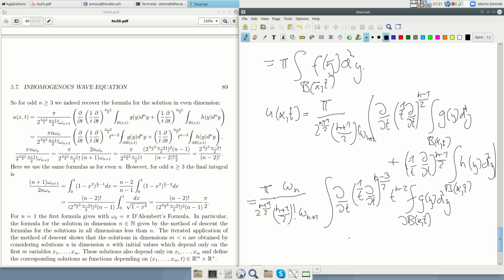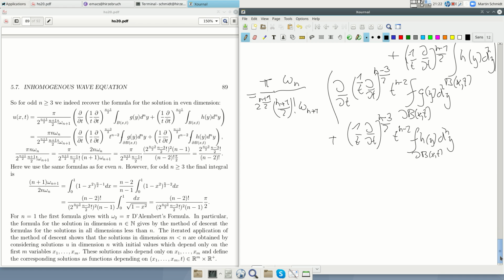And of course the same thing for this: this should not be an integral, but a bracket, and then we have the same thing, 1 over t d by dt to the n minus 3 half, t to the power n minus 2, but without this t, and the mean of h of y dy over the boundary of the ball B(x,t).